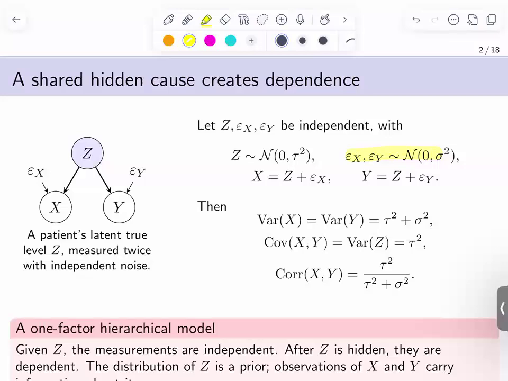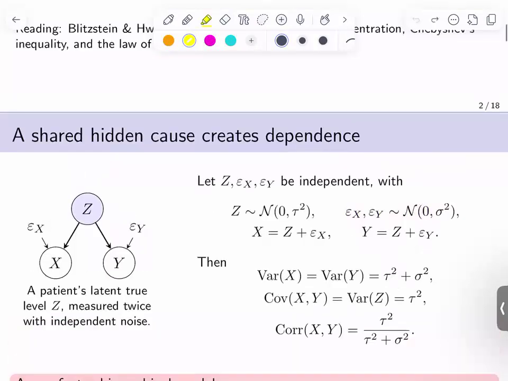And because they're independent, we didn't really talk too much about the joint distribution of three random variables, but they're going to be jointly normal, or at least we know the joint distribution.